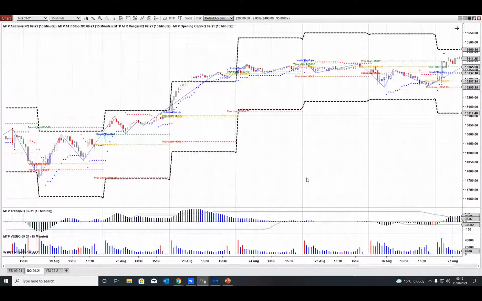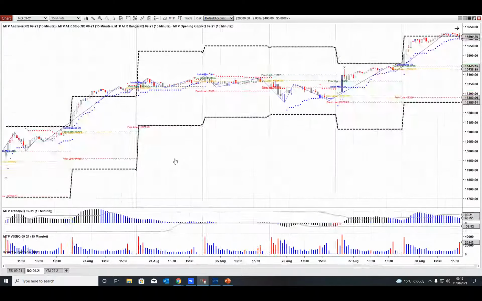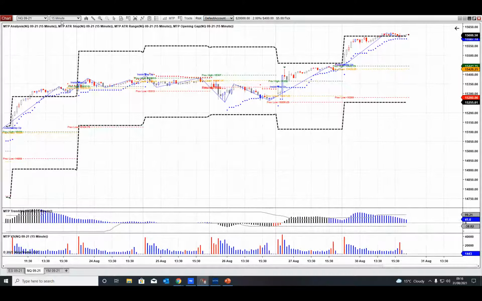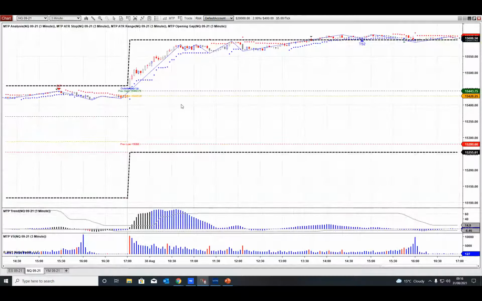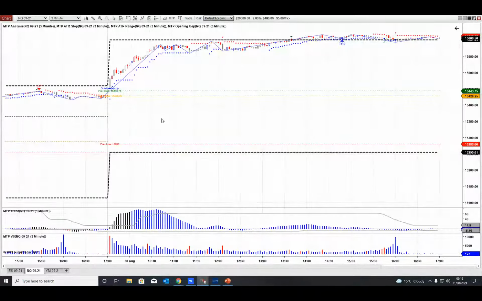So there you can go through and have a look at what it's done on previous days in NinjaTrader as well. So are there any questions on that particular tool? Again, it's not a particular MT Predictor tool. Tim, you can't use it on other instruments because it's only applicable to the day session.